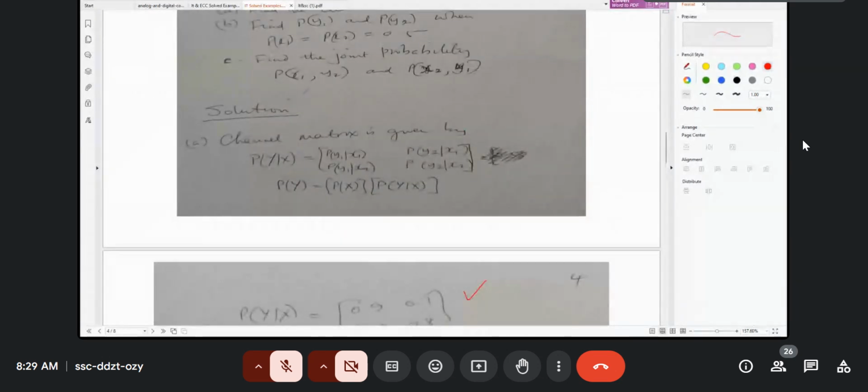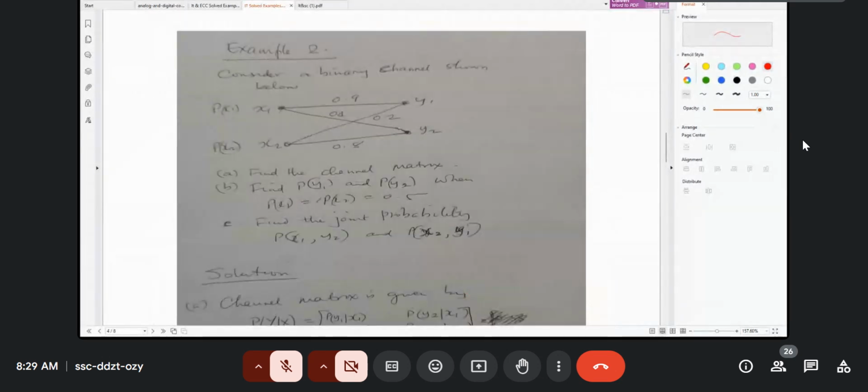The second part, B, finds py1 and py2 when px1 and px2 are equal to 0.5. x1 and x2 are equiprobable. They may not always be 0.5, but in this case, you're given 0.5.